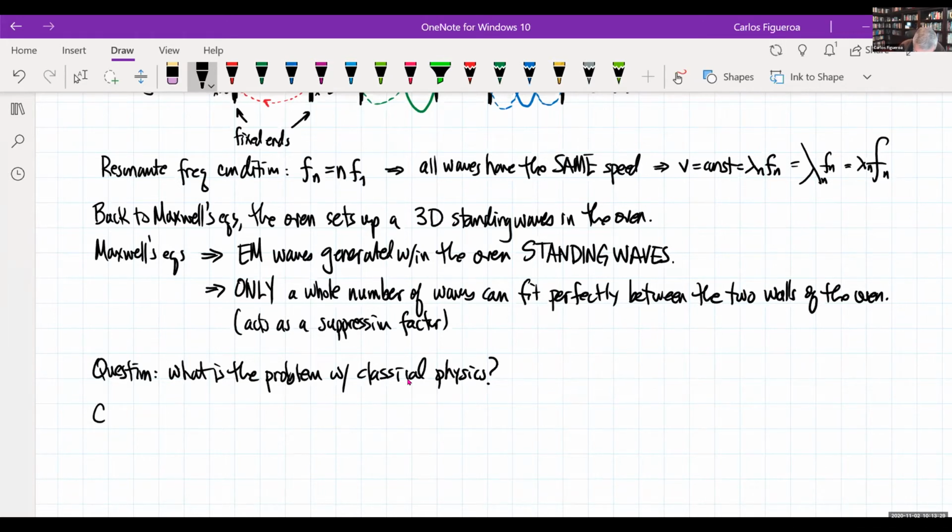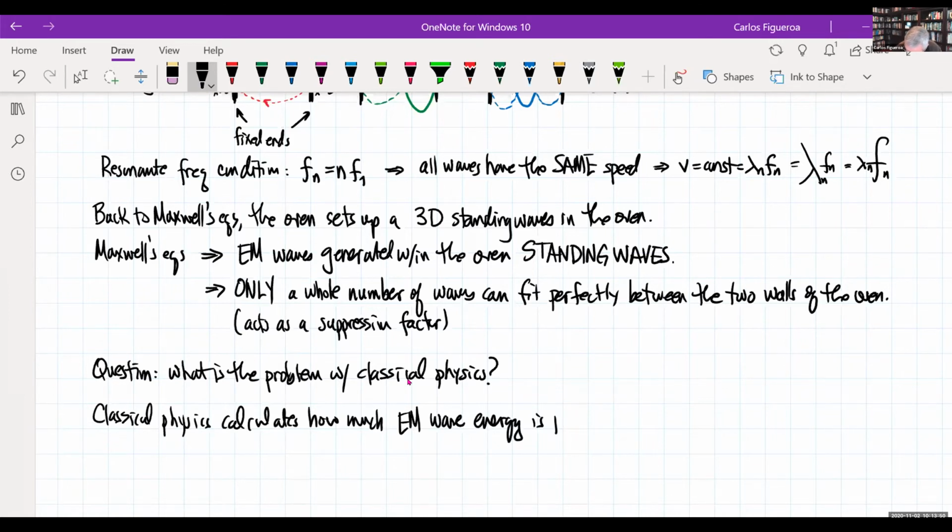So classical physics calculates how much electromagnetic wave energy is pumped into the oven. Okay, they can calculate how much energy is pumped into the oven.